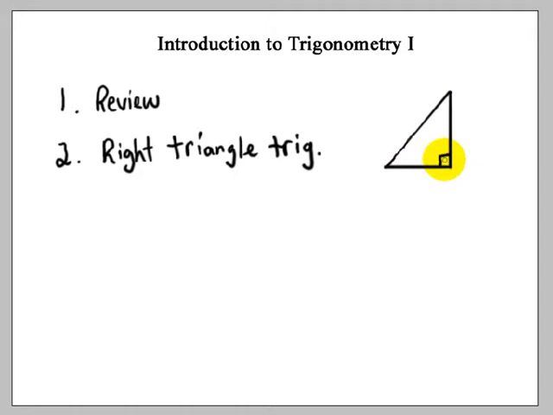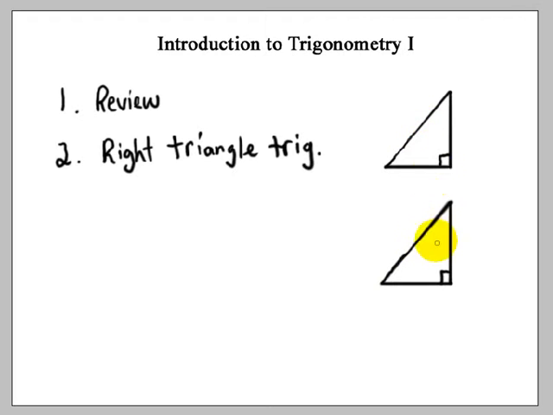One of the angles is 90. And let me just discuss right now the 2 basic problems that we're going to encounter in right triangle trigonometry. We're going to go over this a lot in detail later, but for right now, I just want to do a quick review of the type of things we're going to be looking at in this course.